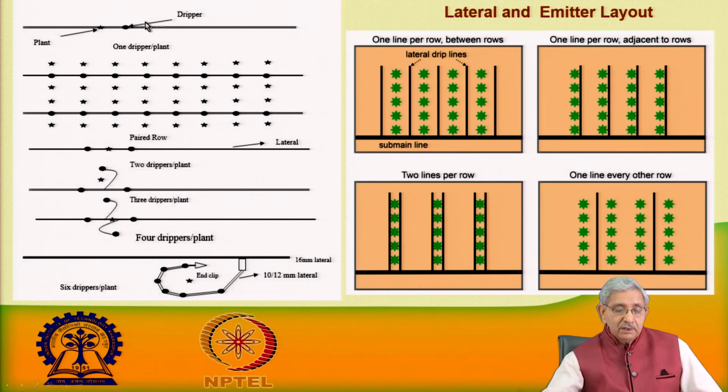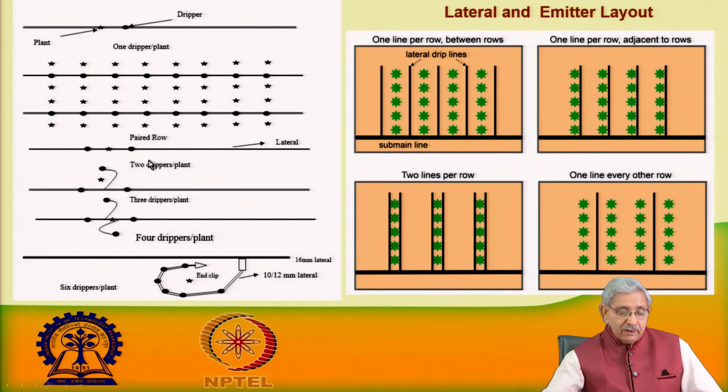Here we can see a dripper attached with the lateral. These are the drippers, and in between the two rows there is one lateral that goes. This is the type of arrangement with one dripper per plant, and a paired row can be there.